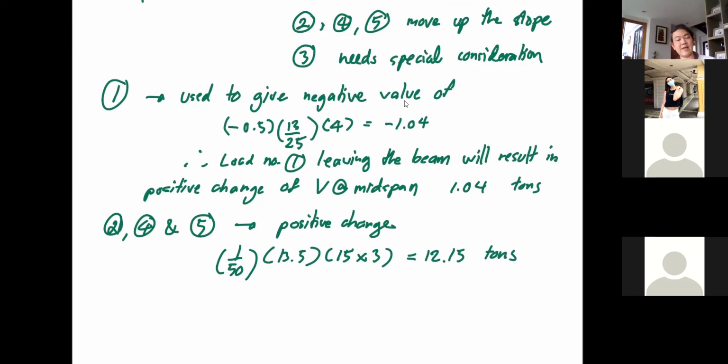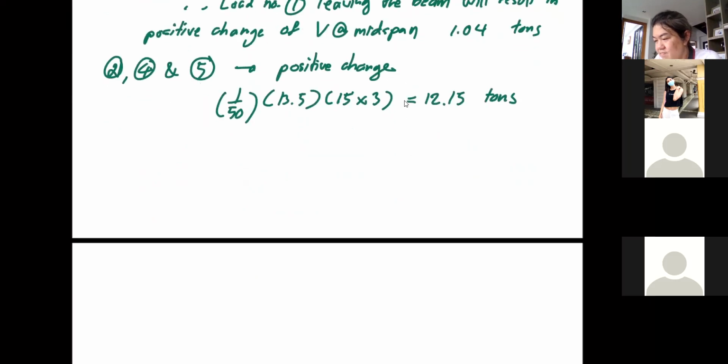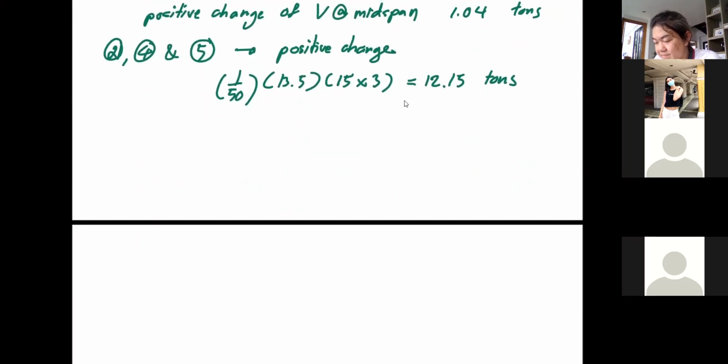Okay. Now load number 3. Now there are 2 ways to look at load number 3. The first is the easiest one. I'm trying to use a different approach from last year.